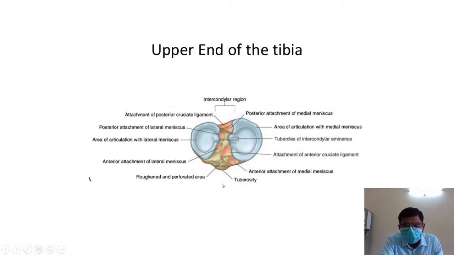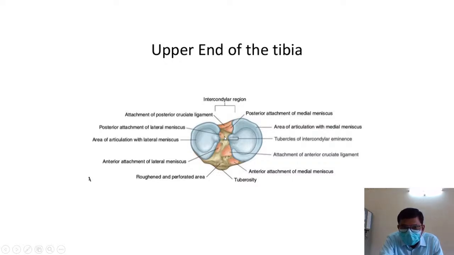So I am going from before backwards. Medical College, M, this is the anterior attachment of the medial meniscus. Medical College, C, this is the attachment of the anterior cruciate ligament. Medical College London, L, this is the attachment of the lateral meniscus.